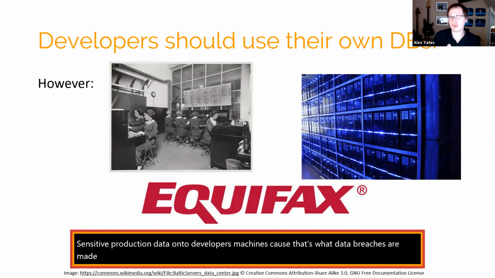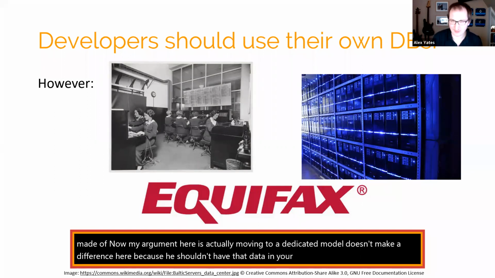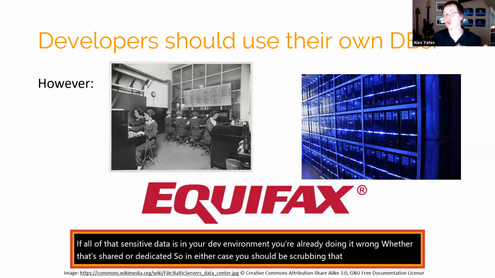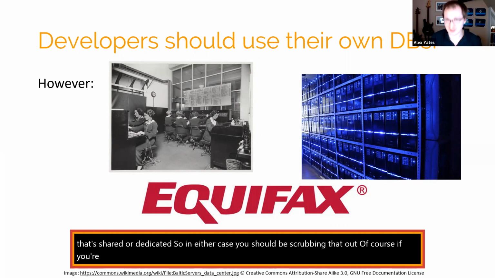Now, my argument here is that moving to a dedicated model doesn't make a difference, because you shouldn't have that data in your shared dev environment anyway. If all of that sensitive data is in your dev environment, you're already doing it wrong, whether that's shared or dedicated. In either case, you should be scrubbing that out. Of course, if you're not scrubbing that out, then you're going to be especially scared of going to the dedicated model, but you should be doing that anyway.